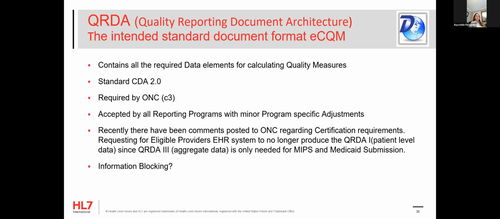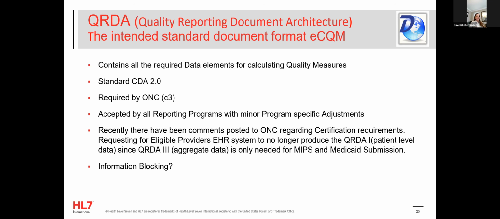There is a CDA 2.0 document that is very specific for data required for calculating quality measures. It handles mood codes. It handles the things that we just don't get in a CCD. It's accepted by all reporting programs and can be used by registries and other systems.